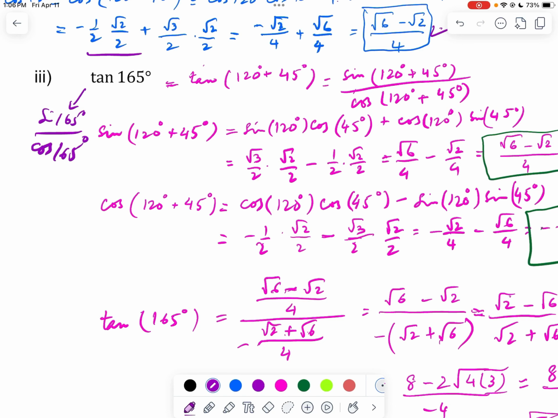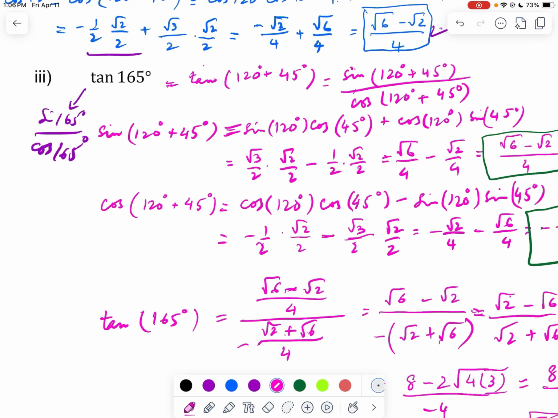In this case I took it as a sum of 120 plus 45. That gives us 165. So just applying that, we will now write it as sine of 120 plus 45 divided by cosine of 120 plus 45.